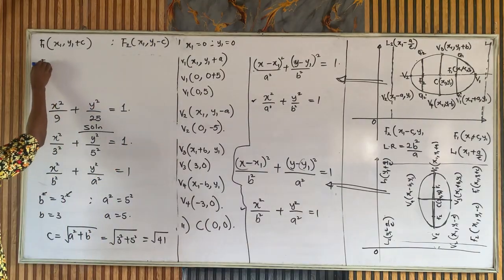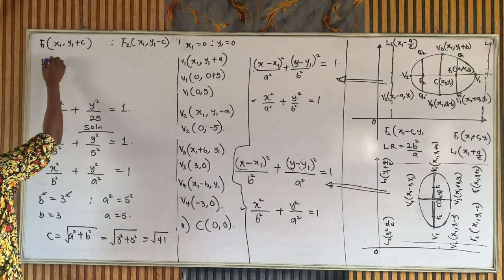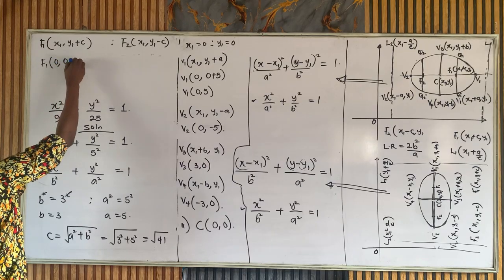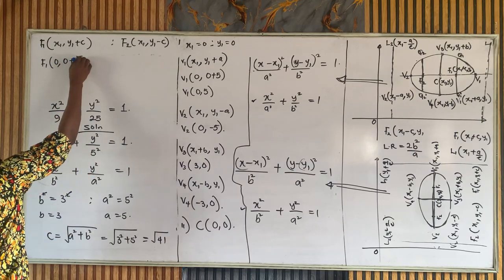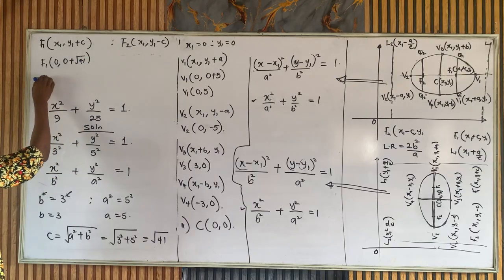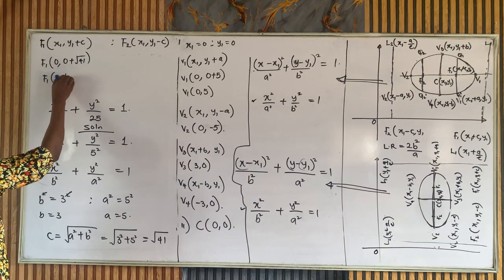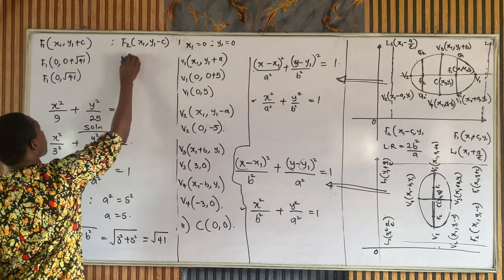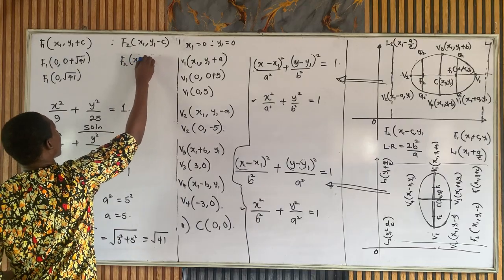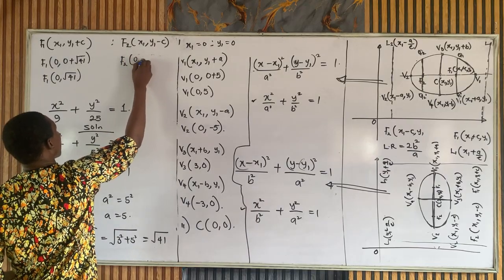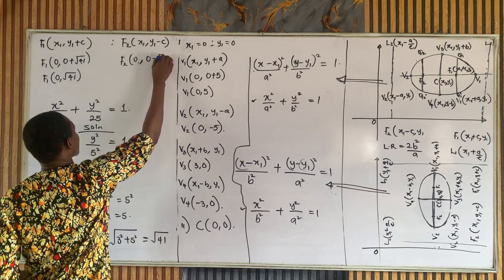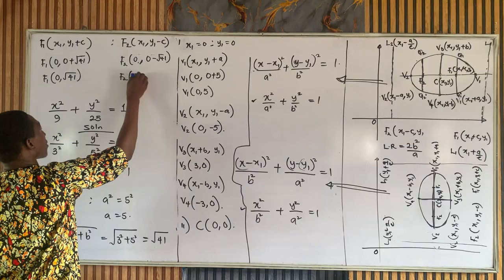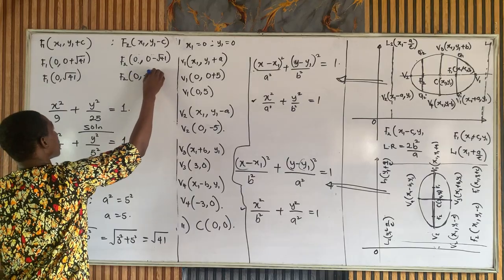So F1 is 0, comma 0 plus our c, which we got to be root 41. So my F1 is simply 0, comma root 41. And F2 will be 0, comma 0 minus root 41, which will simply be 0, comma minus root 41.